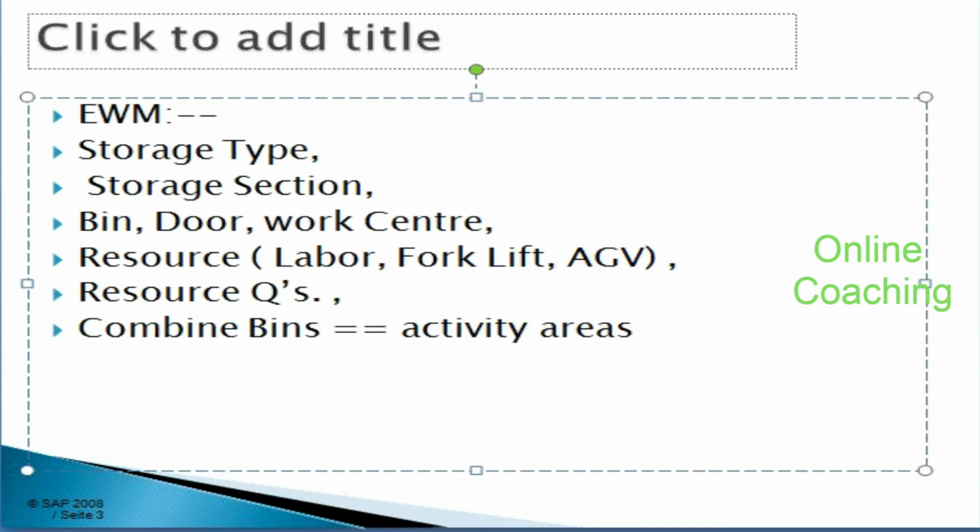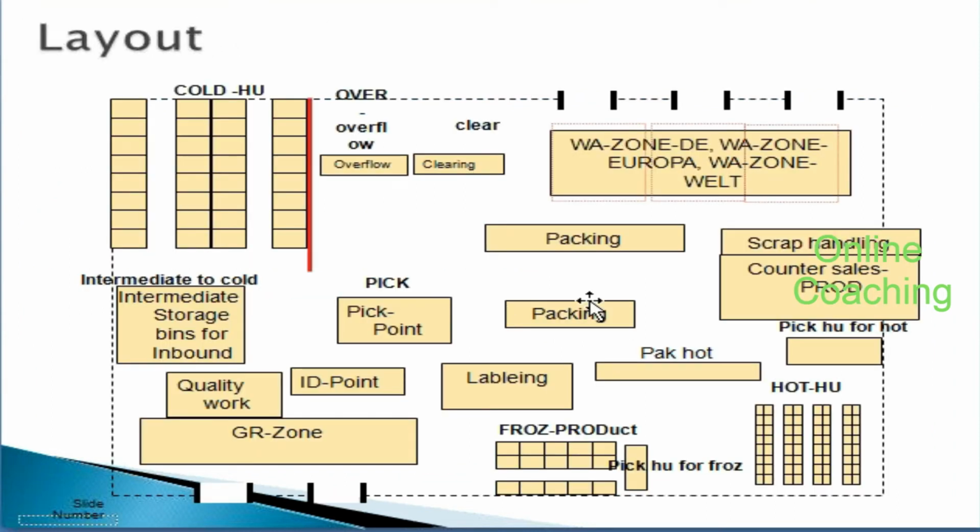Srini, can you talk about the resource queues one more time? Okay, let's take this example. Suppose there are two warehouse workers. One is responsible for picking the cold goods, and another is responsible for picking the hot goods.